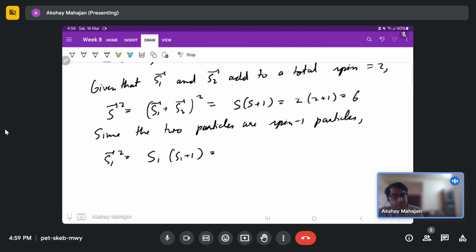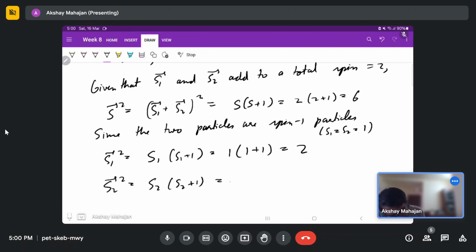So s1 equals s2 equals 1, and you have 1 times 1 plus 1 equals 2. Similarly, s2 vector square will be s2 times s2 plus 1, that will be 1 times 1 plus 1 equals 2.